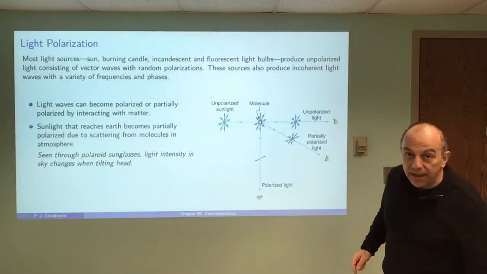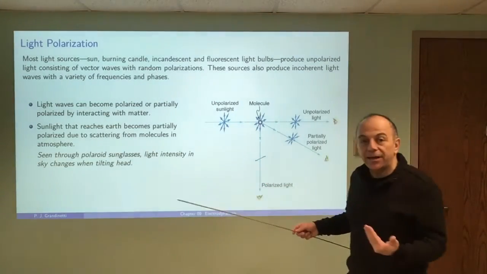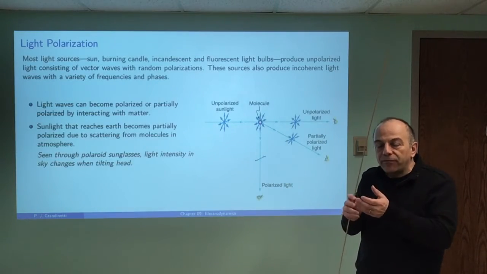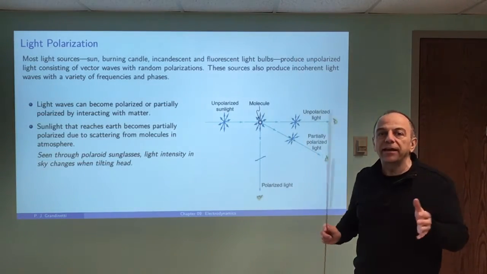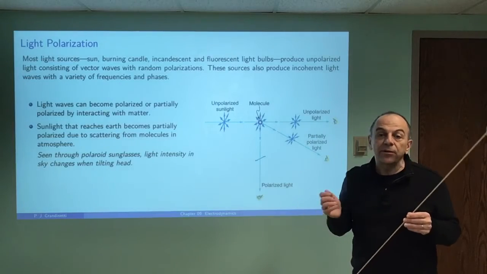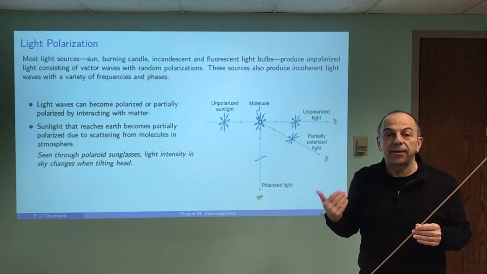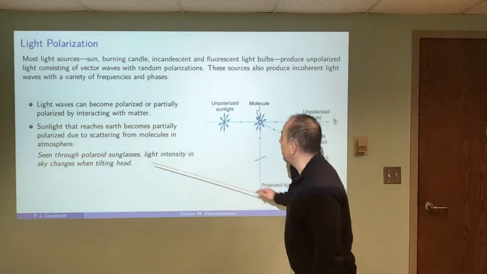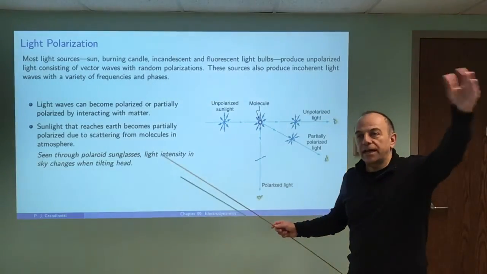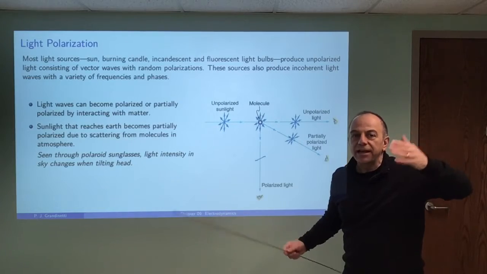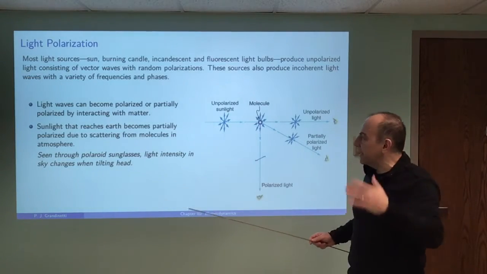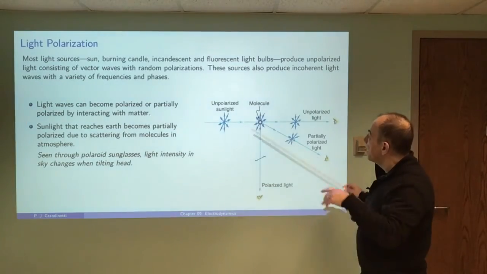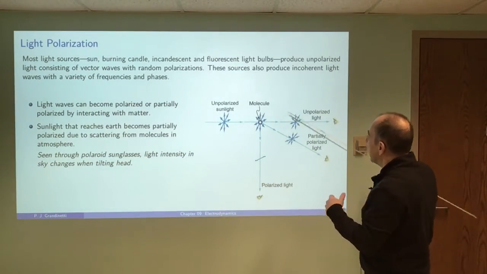But when light interacts with matter, it's possible for the light to be scattered away from the molecules that it's interacting with in such a way that the light can become partially or fully polarized. So for example, light coming from the sun is unpolarized and has a range of frequencies, and when it hits a molecule, it will get scattered in different directions.